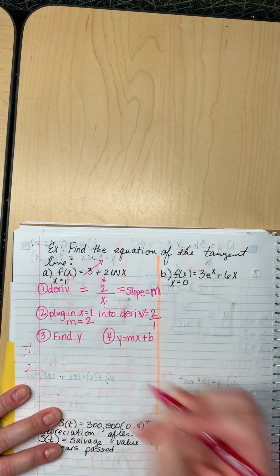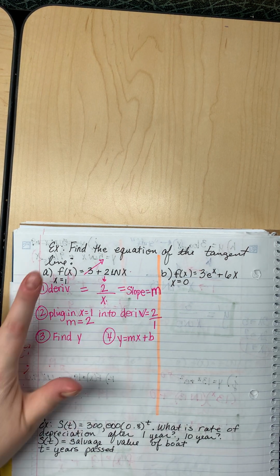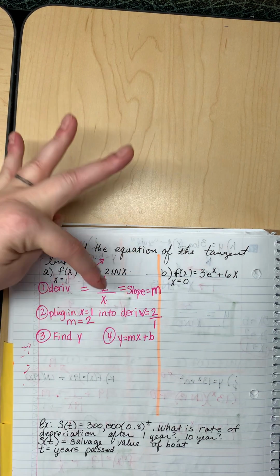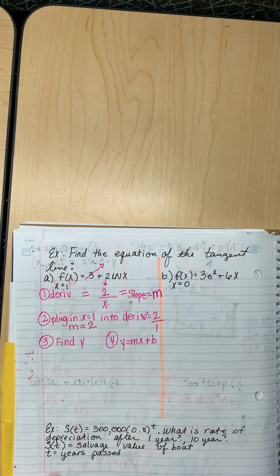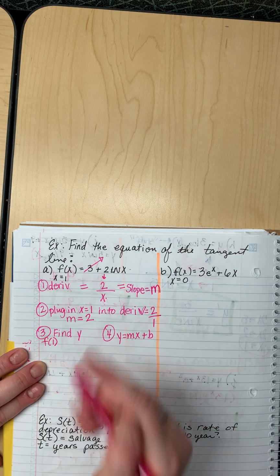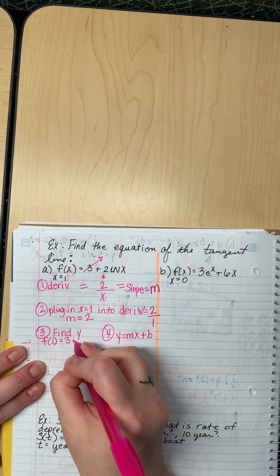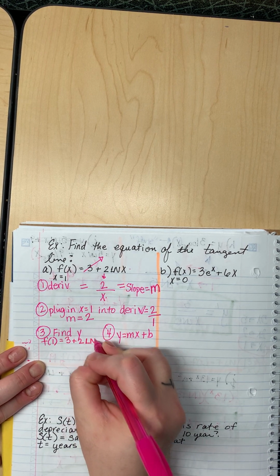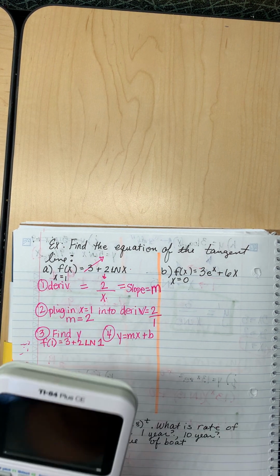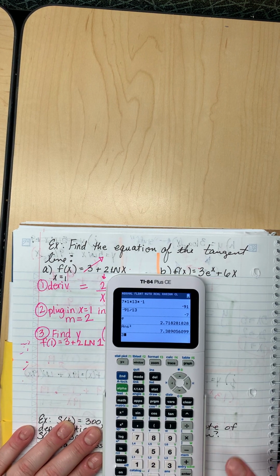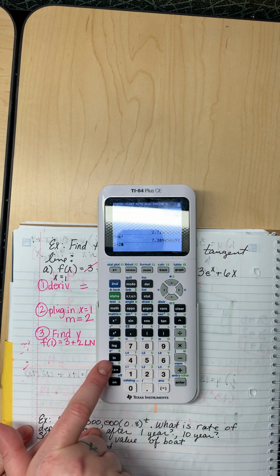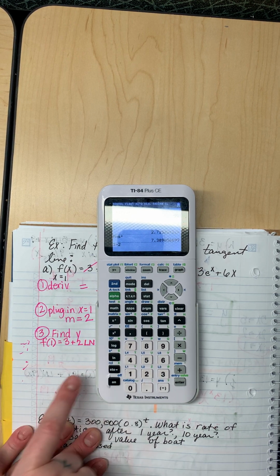To find my y, I'm going to plug that 1 into the original equation, not the derivative. So I'm going to say f of 1, because they gave us x equals 1, equals 3 plus 2 ln 1. Then I'm going to put that in my calculator and pray that it comes out like a regular old number. 3 plus 2, ln is right here by the number 4. It looks like IN, but that's a lowercase l.